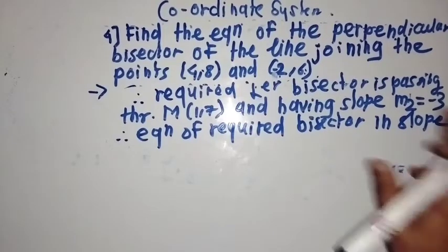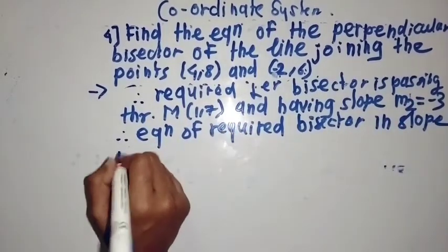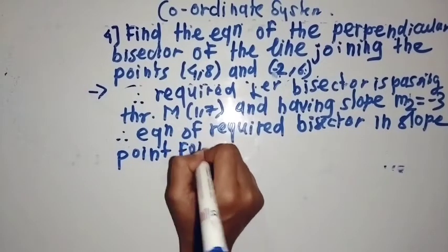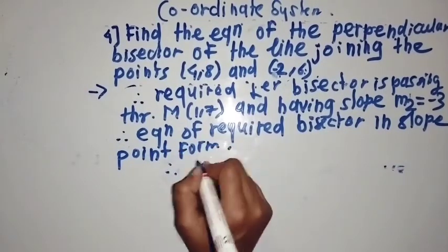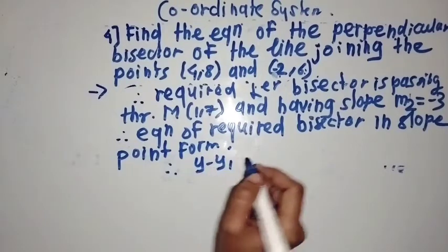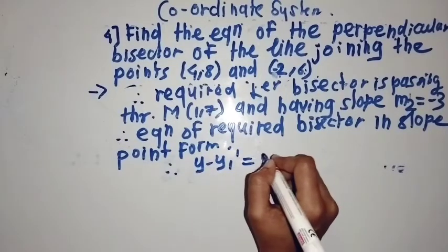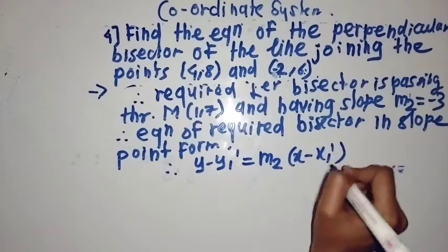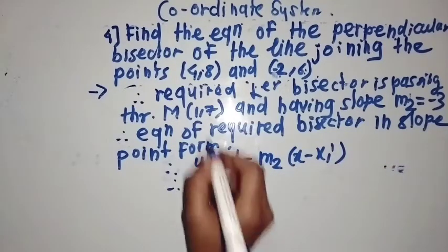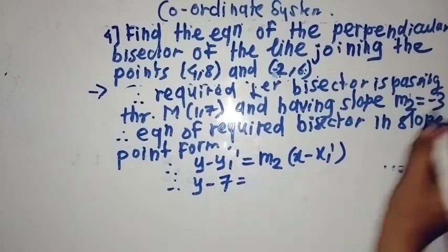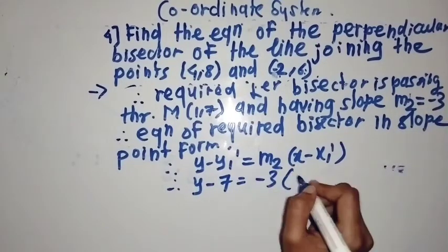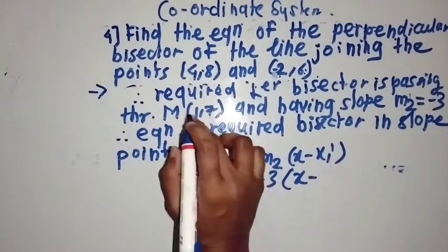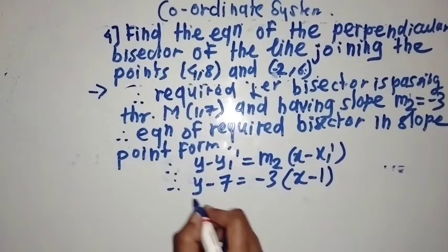Here the slope and a point are given, so we use slope point form: y minus y1 dash is equal to m2 into x minus x1 dash. Here y1 dash is 7, m2 is minus 3 and x1 dash is 1.